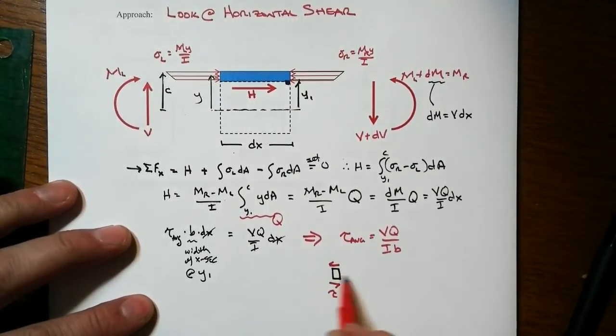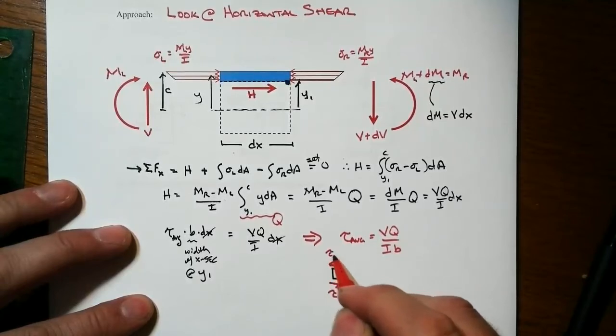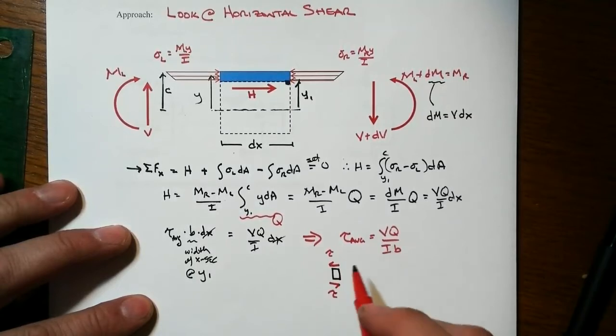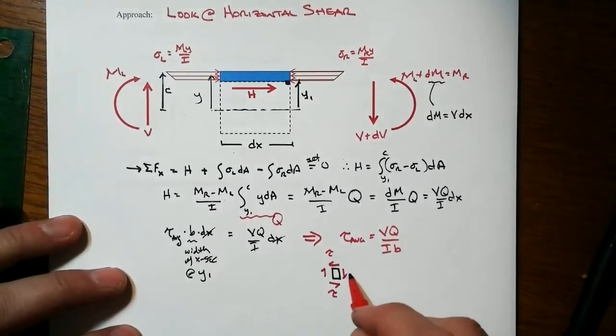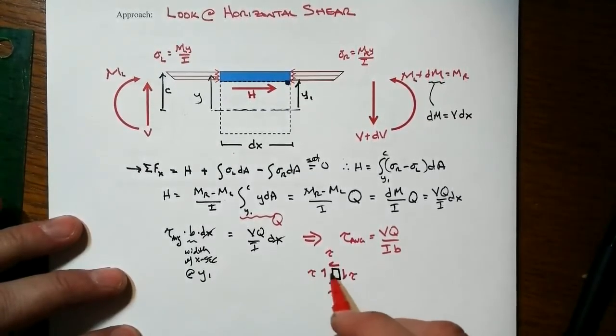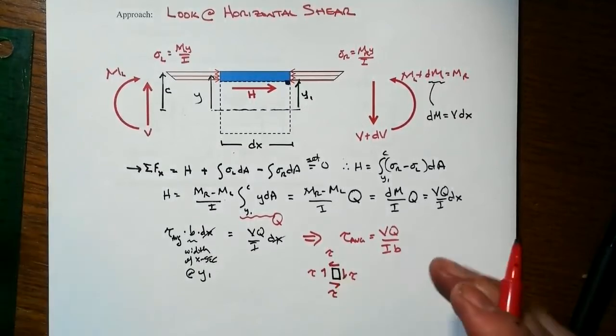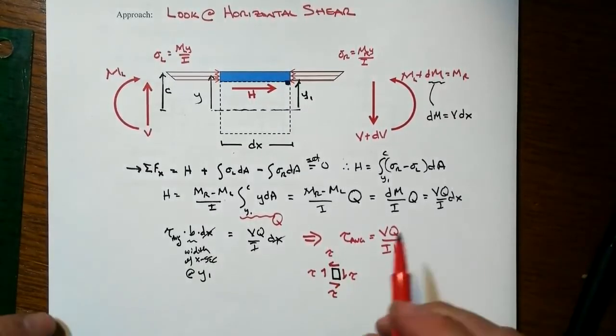For equilibrium in this direction here, those two have to be the same, tau times dA really, but it's a cube, so the surfaces all have the same little area, right? Well, that would want to spin this thing this way. So that means we have to have something going in the opposite direction, kind of like a force couple, and it's going to have the same value of tau because, again, it's a cube, so all the areas of the surface of the cube are the same.